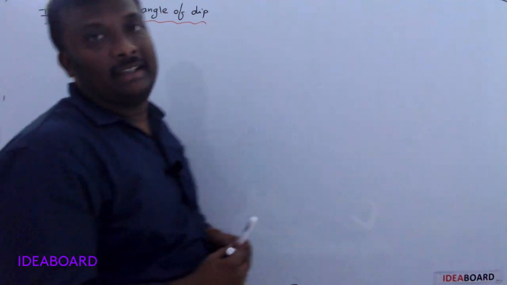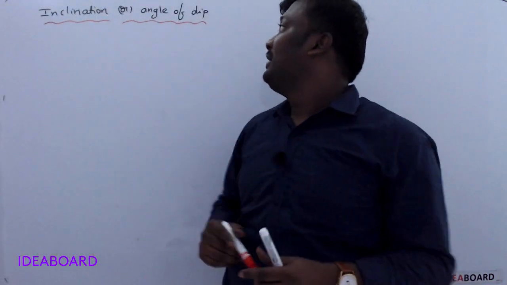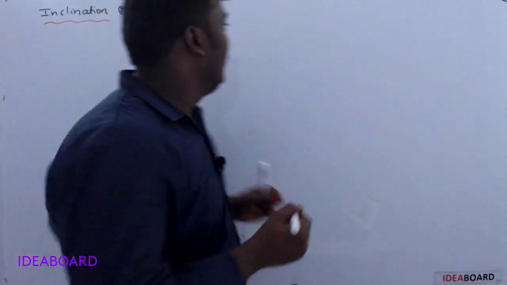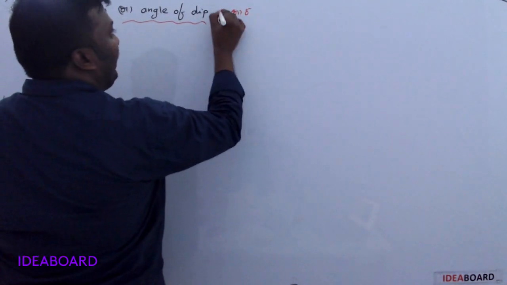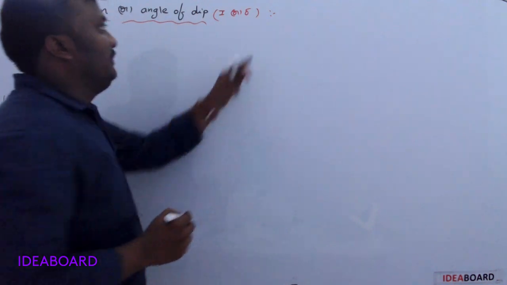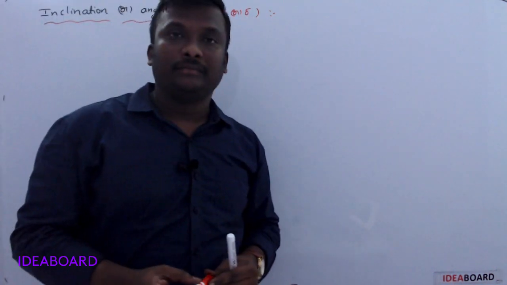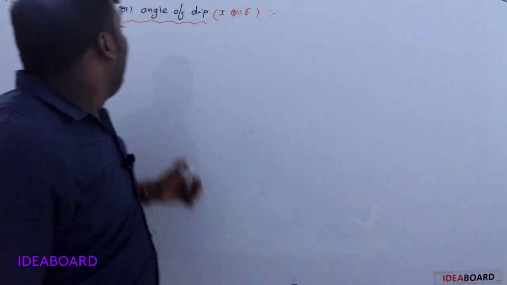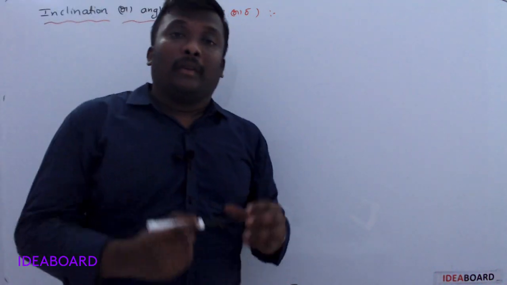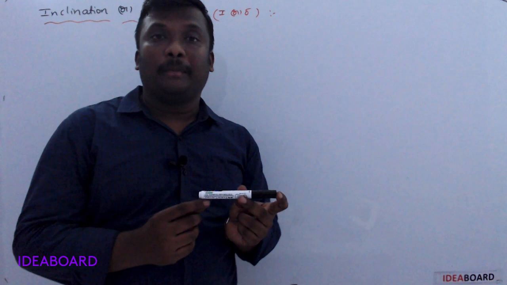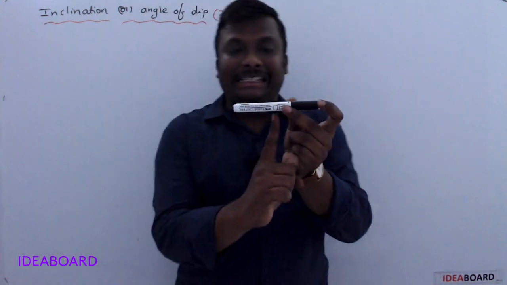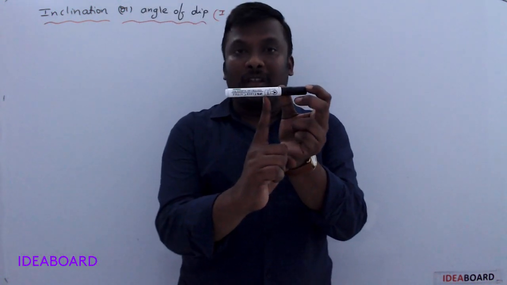The second one is inclination or angle of dip. It is indicated by I or delta. The symbol is delta. Let us take one compass needle provided with a pivot, which is free to rotate in the vertical plane.